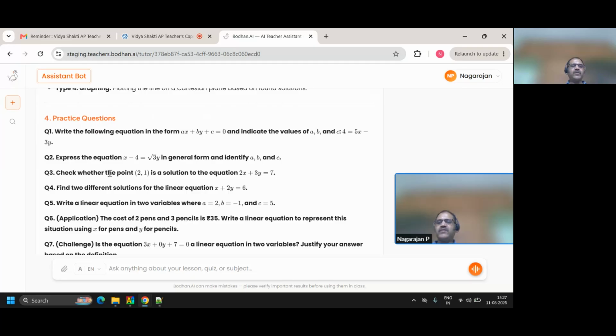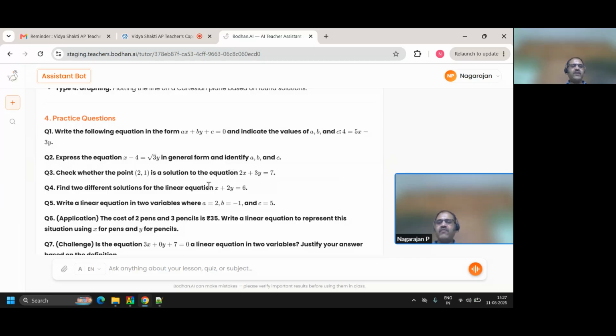Check whether the point (2, 1) is a solution to the equation 2x plus 3y is equal to 7. Immediately the student can apply: 2 into 2 is 4, 3 into 1 is 3, so 4 plus 3 is equal to 7. So (2, 1) is really a solution to 2x plus 3y is equal to 7.